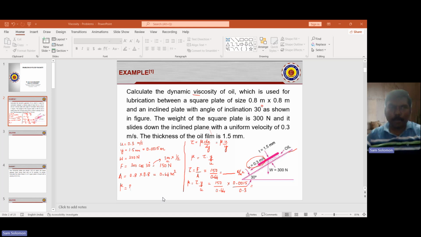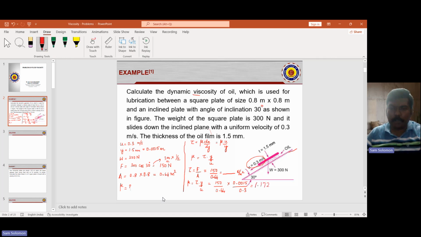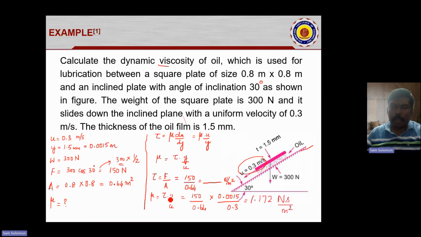That gives us 1.172 Newton second per meter square. The value of tau is Newton per meter squared, y is in meter, and then you have got meter per second. So you have got Newton second per meter squared. So this is the final value that we get. It is 1.172 Newton second per meter squared.